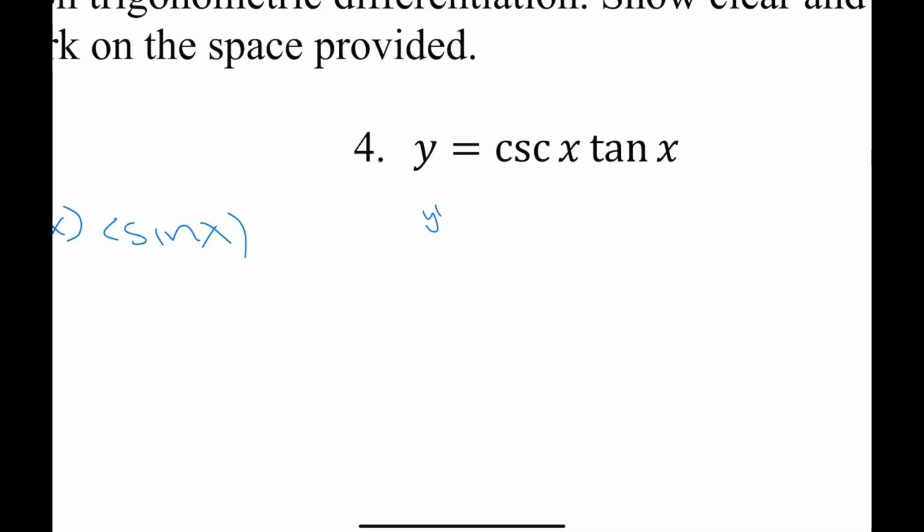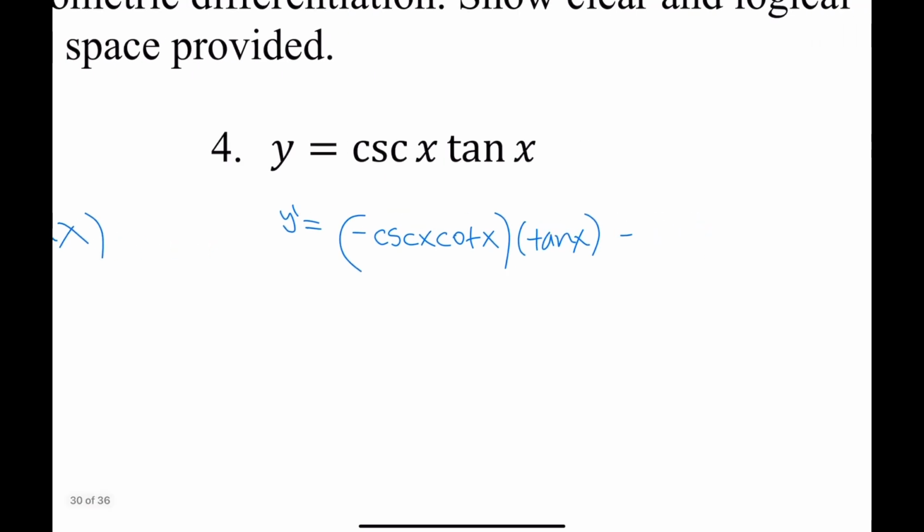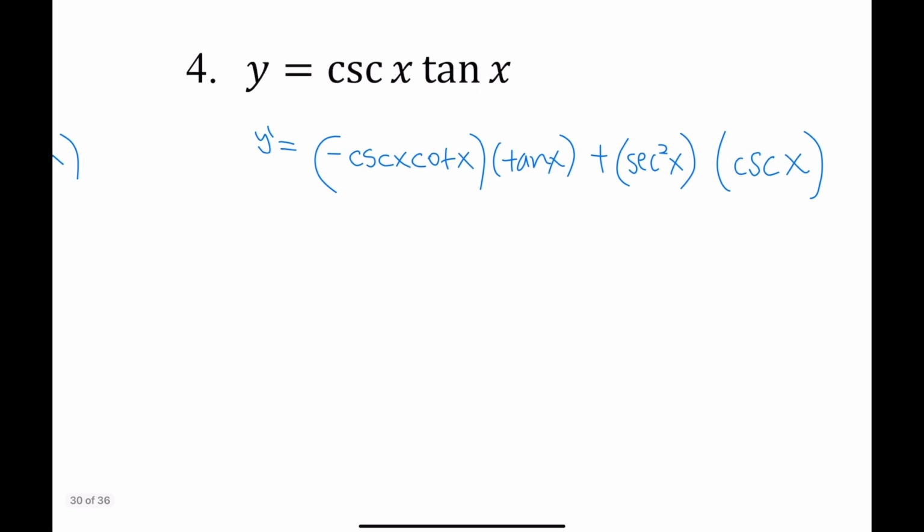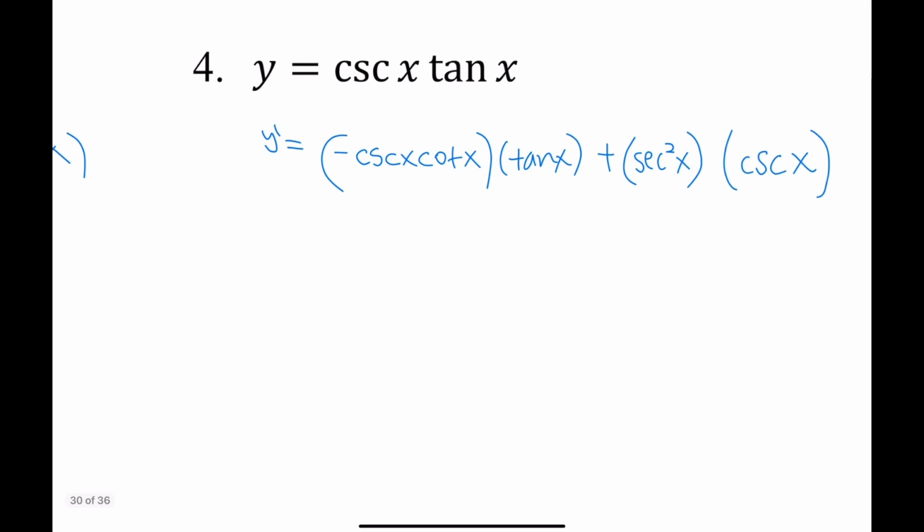So y prime would basically be negative cosecant x cotangent x, right, times tangent x plus secant squared x times cosecant x, right? Okay. So cotangent x is 1 over tangent x, right?